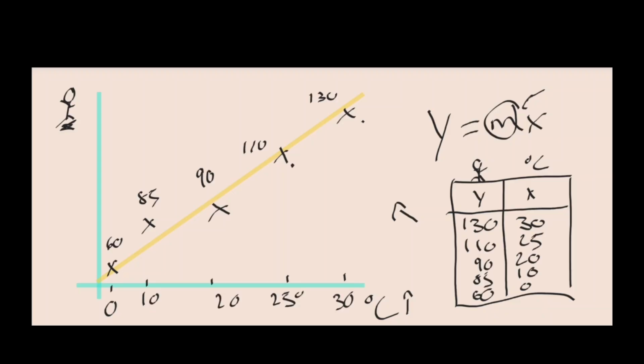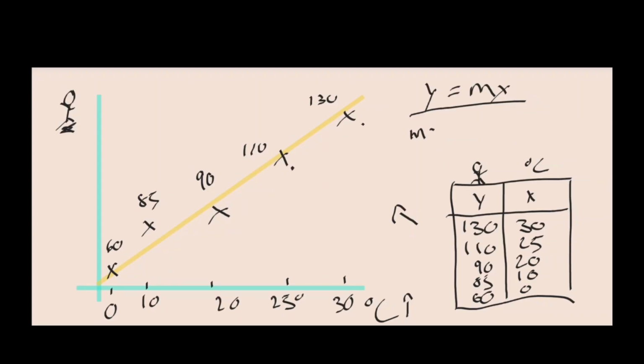So then what my machine learning algorithm will do is that, remember, we want to find M. M is the most important thing that we want to find. And the easiest way to do it is just start randomly. We'll just pick a random value for M and see if it's matching. If we set M equals 1, then we're saying that our temperature times 1 equals Y. So we look here at our truth table and try to see if it's matching.